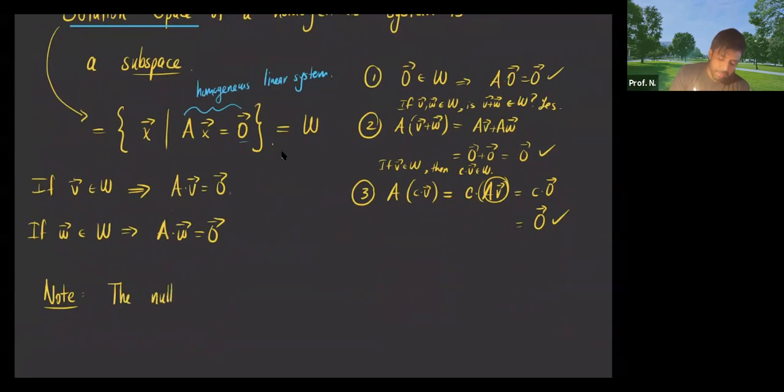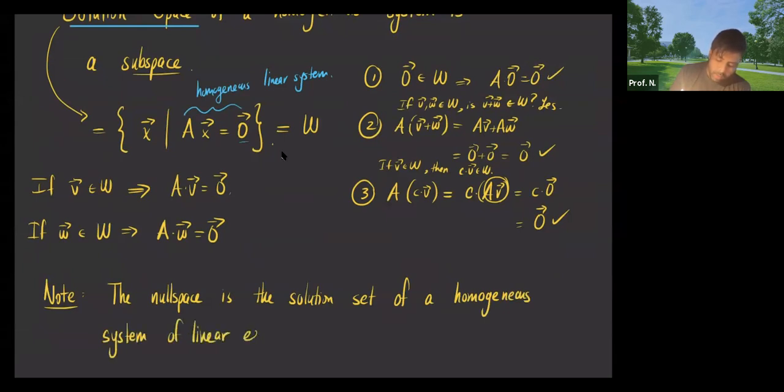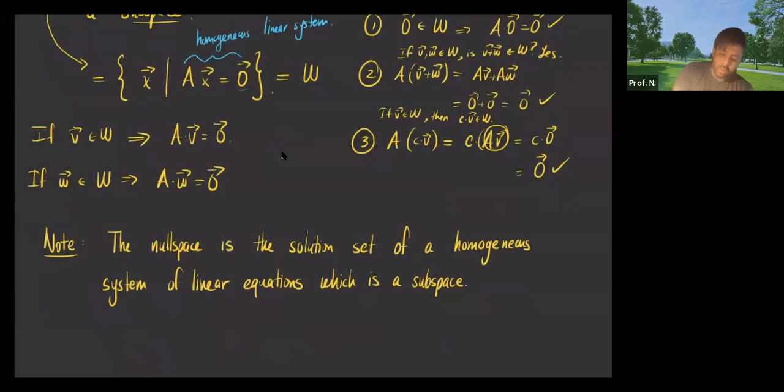So the null space is the solution set of a homogeneous system of linear equations, which is a subspace. So we also call this the null space.